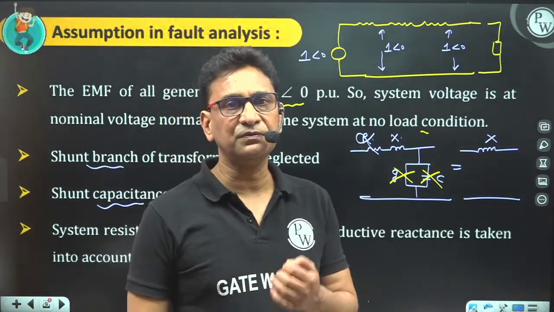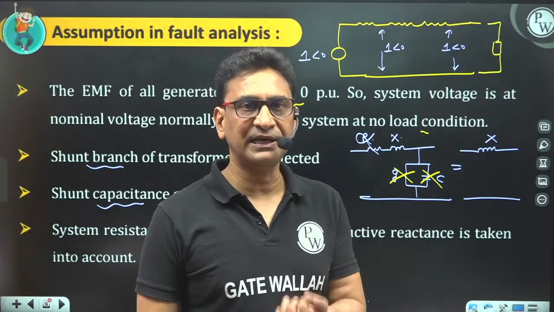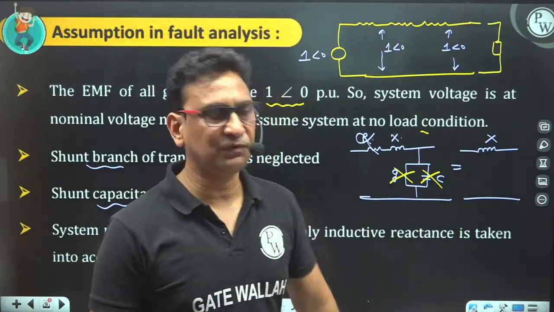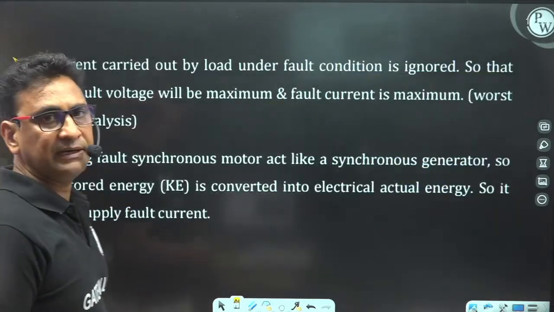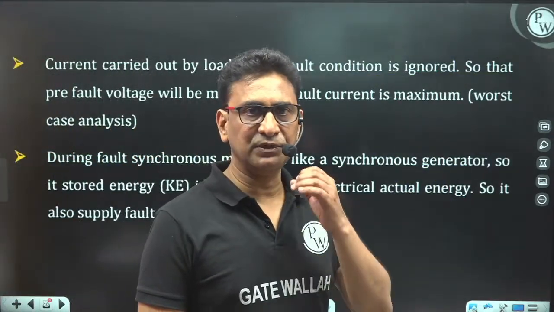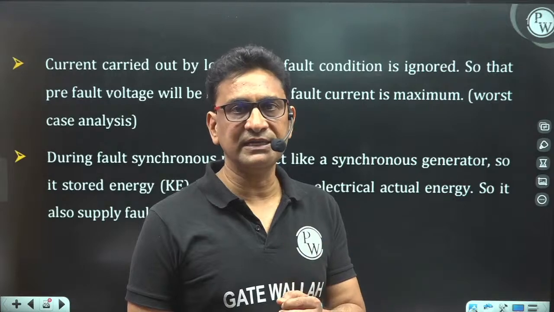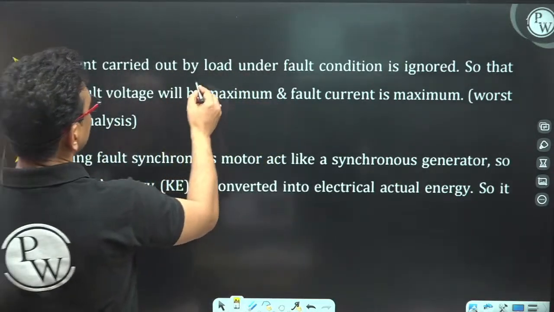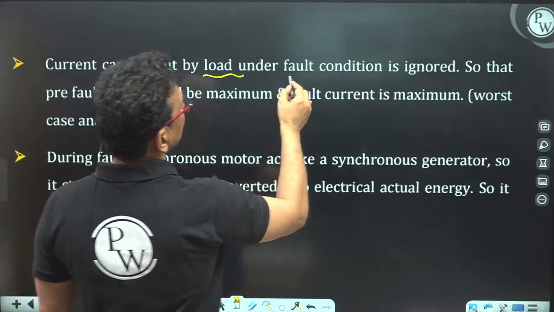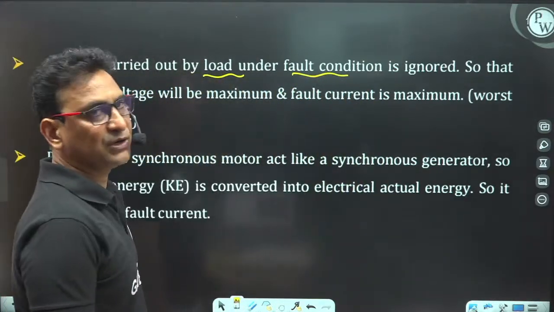But the value of load current is very low as compared to the value of fault current. So we generally neglect the load current. Unless it is given in the question, we will always neglect the value of load current.